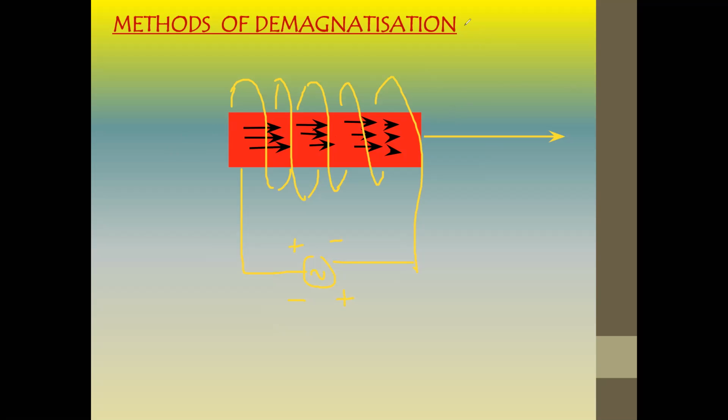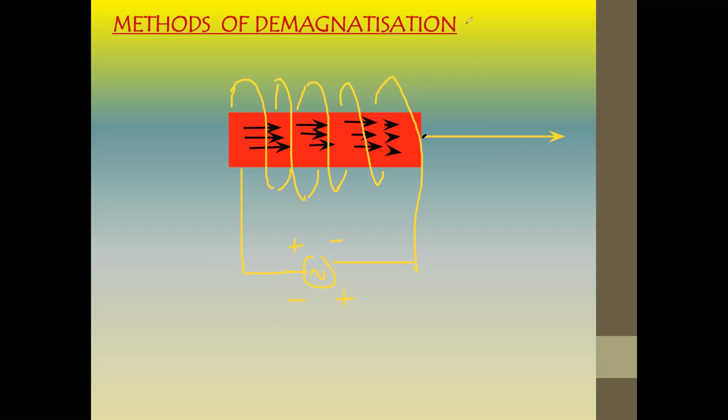AC changes 50 times in 1 second, so it will change many times. And because the magnetic field is changing continuously and we are gradually, slowly taking it out, it will disturb the alignment of these domain arrangements, and the material will be demagnetized.